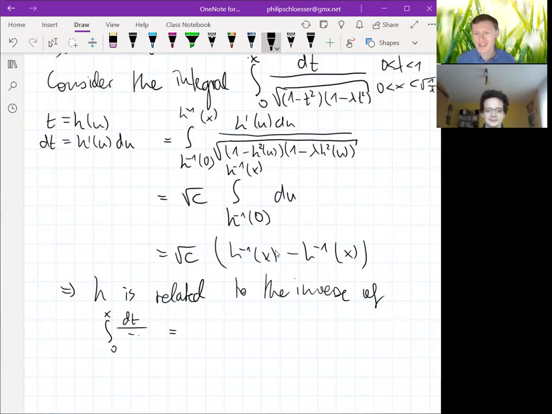Say it with me. It is the incomplete elliptic integral of the first kind. So I guess it's called E(x), square root of lambda. Yeah, I think that, yeah.